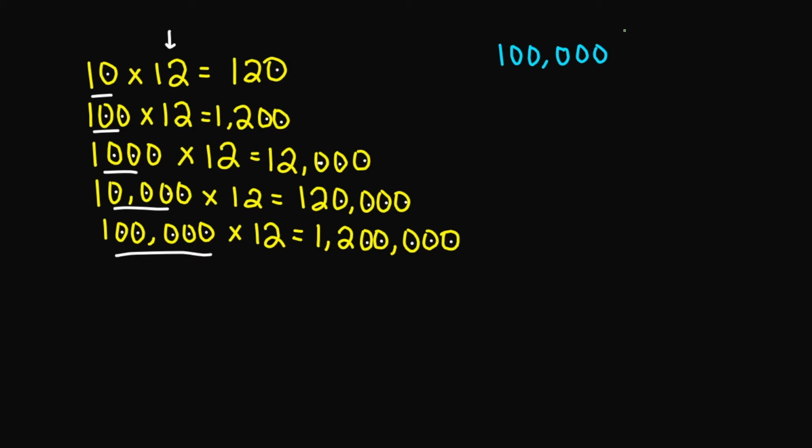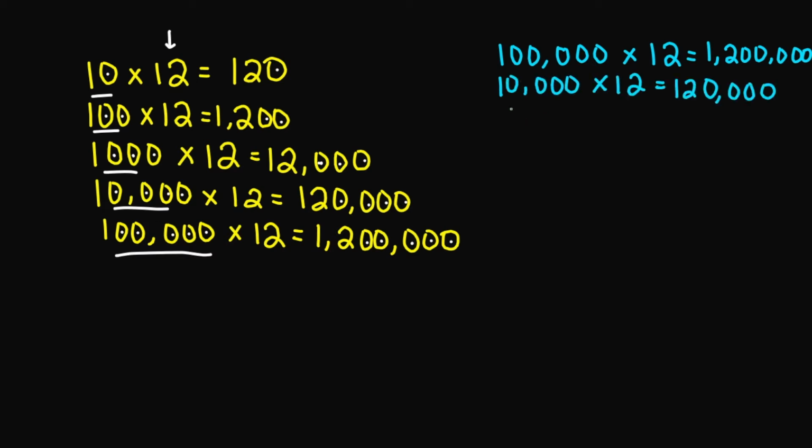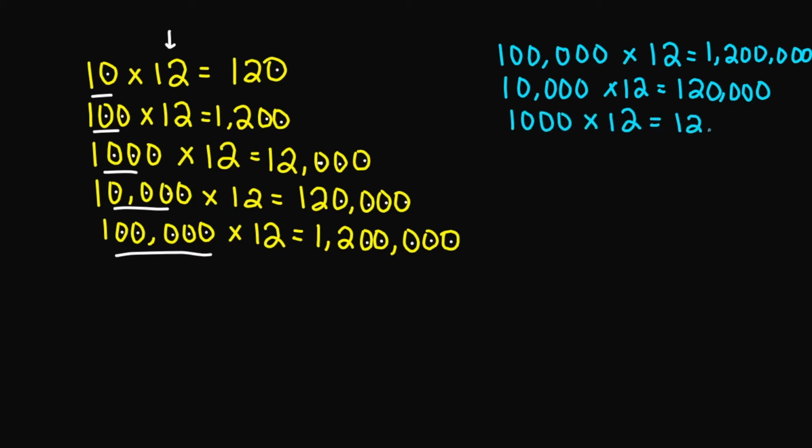And then let's say I started with the 100,000 first. If I did 100,000 times 12, you're going to get your 1.2 million. If you do your 10,000 times 12, you're going to get 120,000. Then we have our 1,000 times 12, you're going to get 12,000. 100 times 12, you're going to get 1,200.